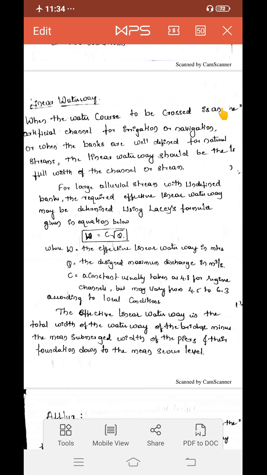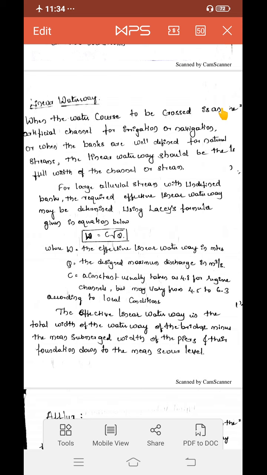It is the total width of the water flowing across the bridge, or you can consider a dam also. The top width of the water flowing across the bridge is the linear waterway.